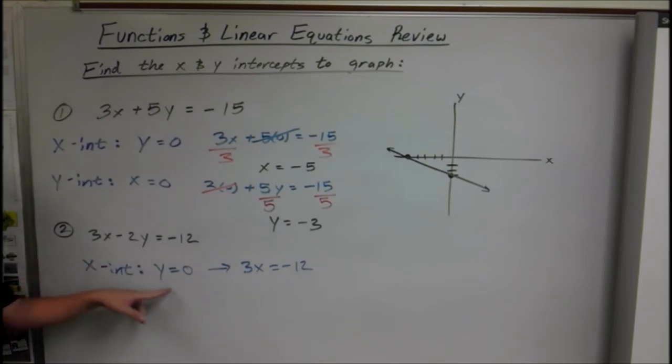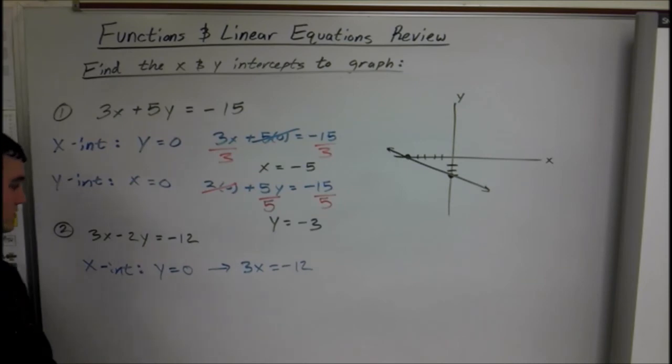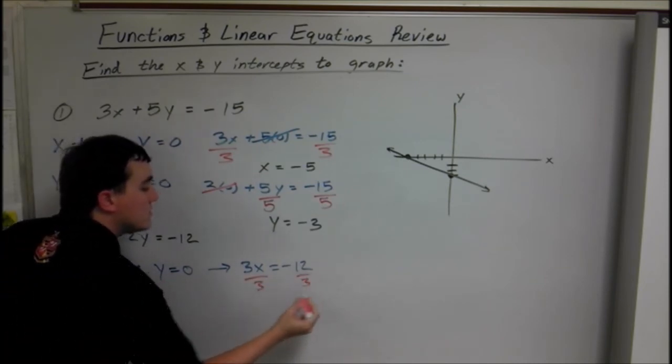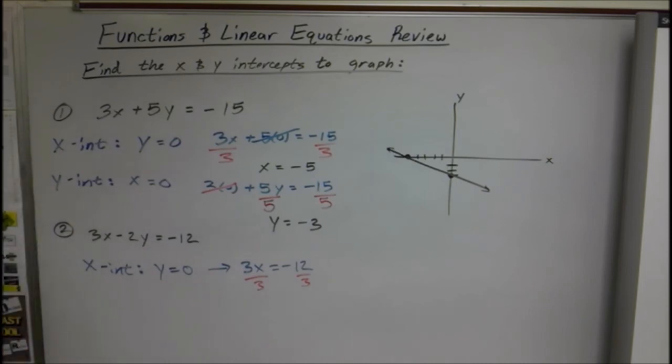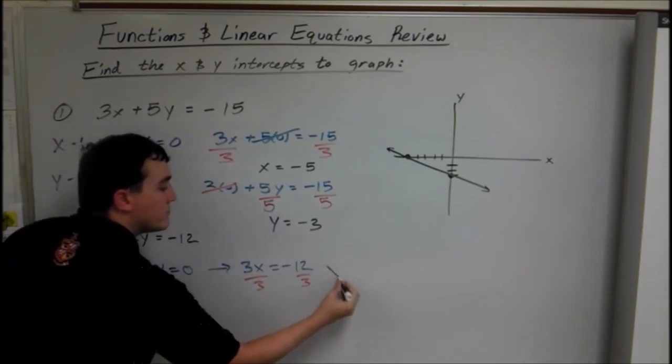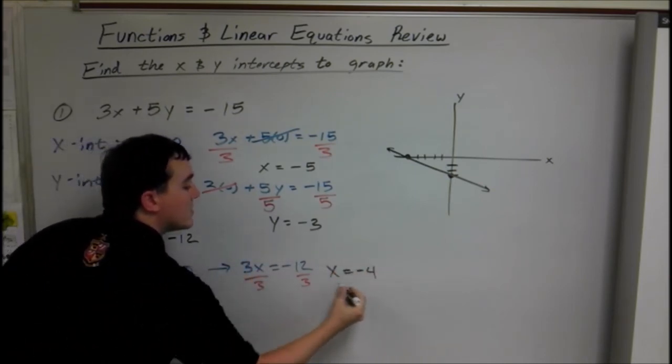Because that's going away. Y is 0. 2 times 0 is 0. So we divide by 3. That gives us our x-intercept. -12 divided by 3 is -4. So that's our x-intercept.